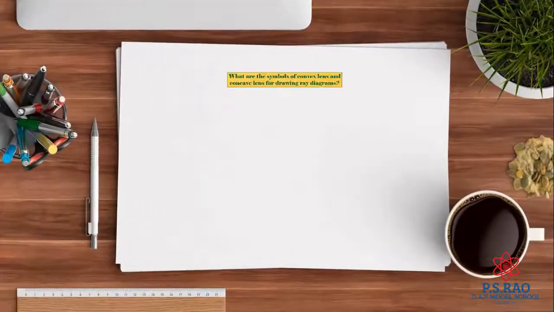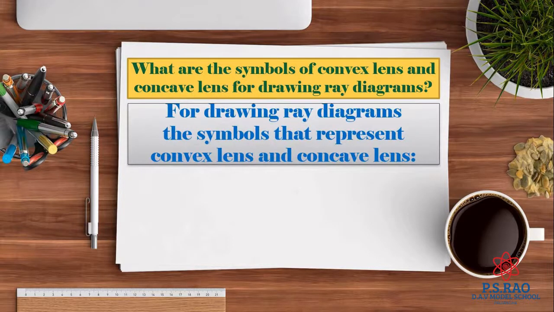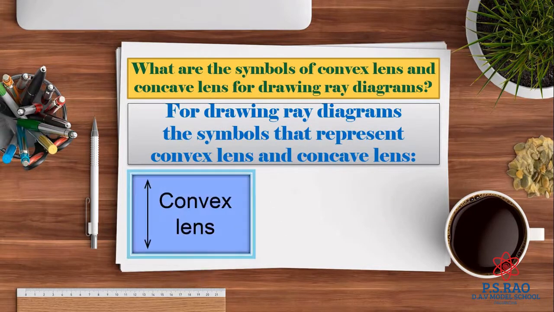Next, what are the symbols of convex lens and concave lens for drawing ray diagrams? For drawing ray diagrams, the symbol that represents convex lens is this and concave lens is this.